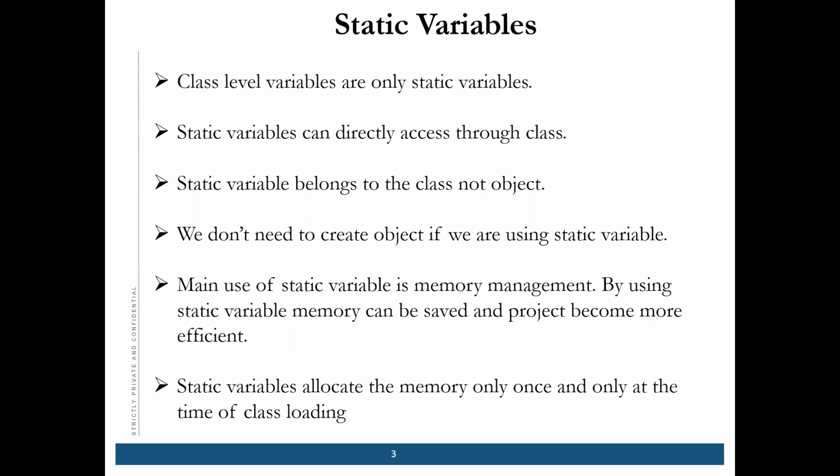Now, we'll create one object if we are using this. We don't need to create an object if we are using a static variable. Okay, this point is clear. Now we are coming to this point. We have to understand how it is helping in memory management.